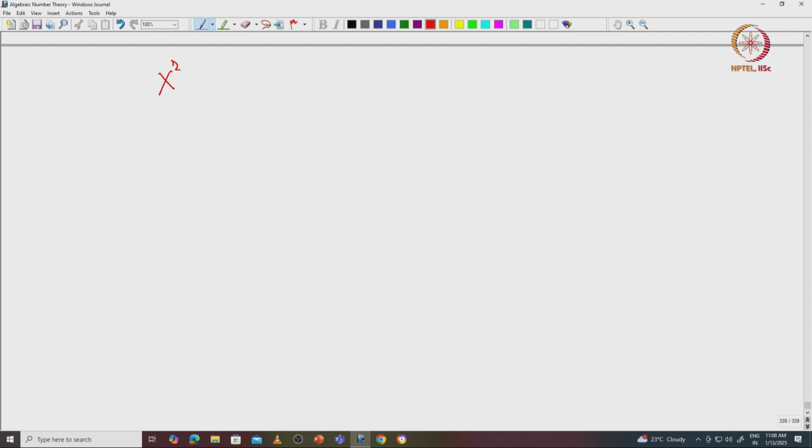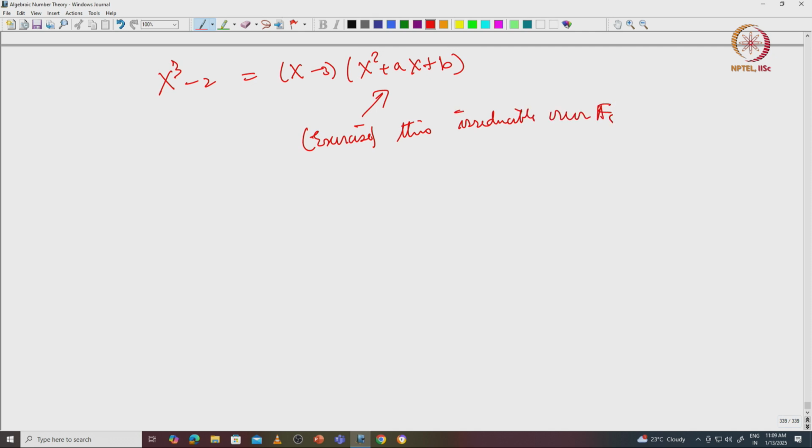Therefore, x cubed minus 2 is (x minus 3) times some quadratic polynomial, which I will not try to find, but here is an exercise, if you do not believe me: this quadratic is irreducible over F_5.